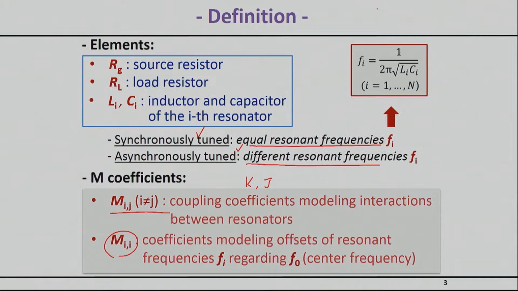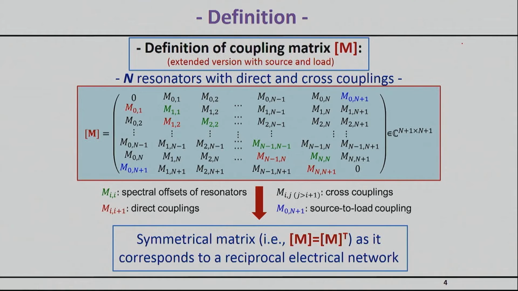In a typical scenario where you have a synchronously tuned filter, those self-coupling coefficients will actually be 0. So the M11 will be 0, the M22 will be 0, the M33 and so on will be 0. That's the case for a synchronously tuned filter. However, if you see a coupling matrix and those coefficients are non-zero, it basically means that you now have an offset from the resonant frequency, and that's the physical meaning of the self-coupling coefficient.